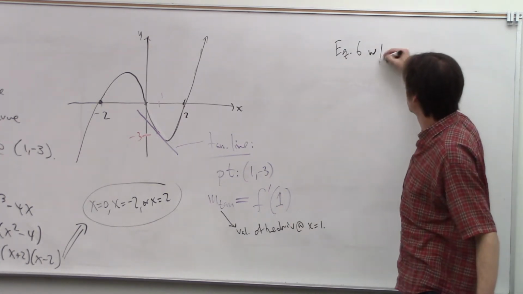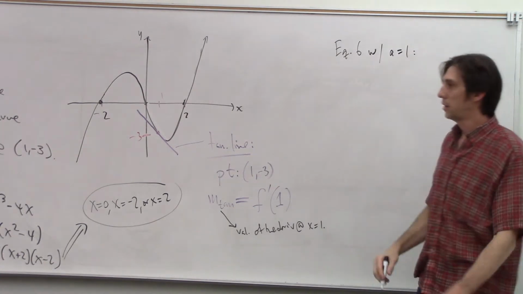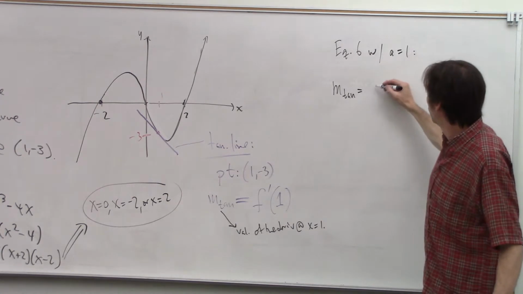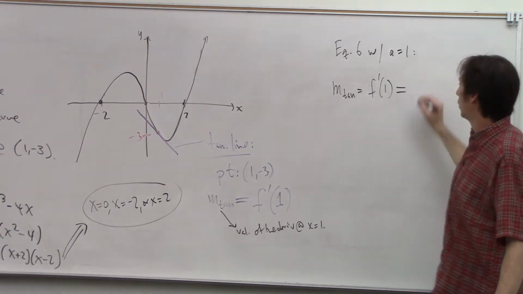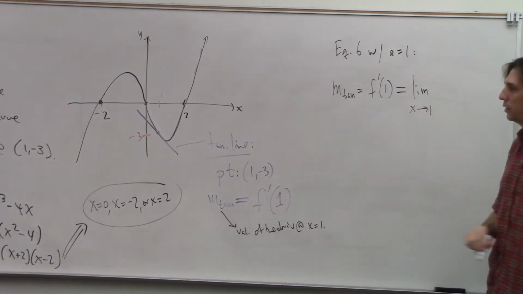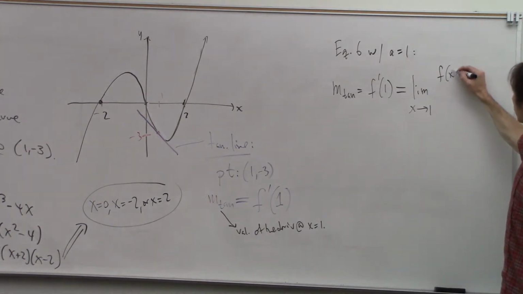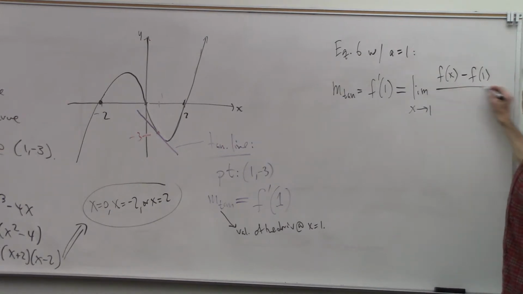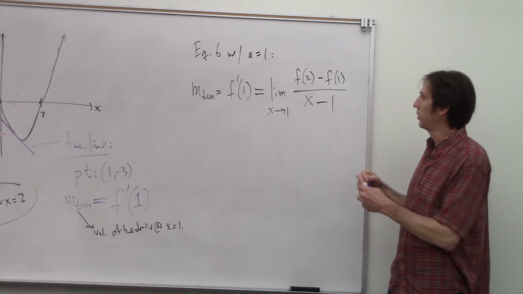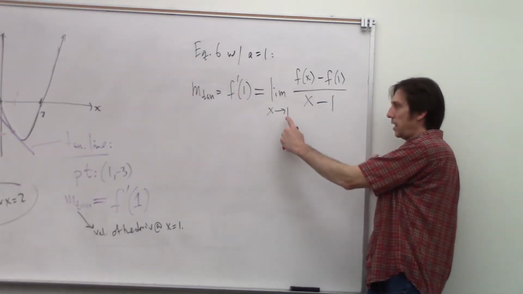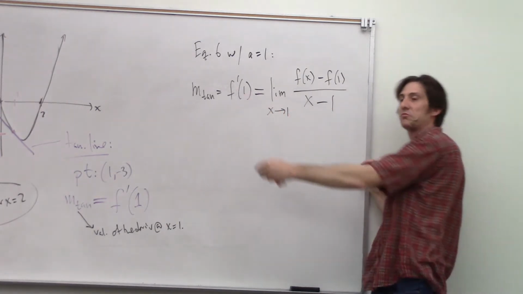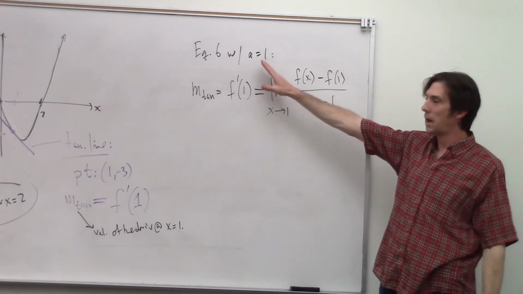So equation 6 with a equals 1 will be the slope of the tangent line, f prime of 1, and from the definition it equals the limit as x goes to 1 of f of x minus f of 1 divided by x minus 1. If you compare this with equation 6, equation 6 has an a here, here, here, and here. So it's the same formula, just with a equal to 1.